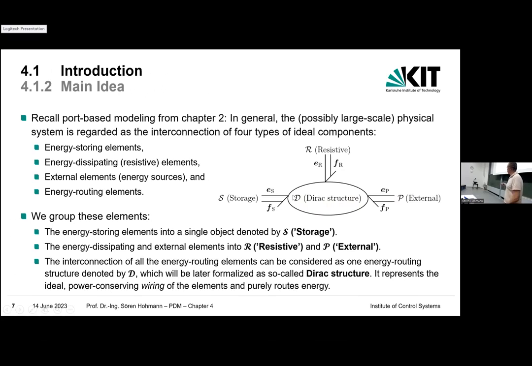They define some of the variables ES, FS, ER, FR, EP, FP. Up to now, we grouped all these variables together, putting ES, ER, EP in one single vector, same for all the F variables.